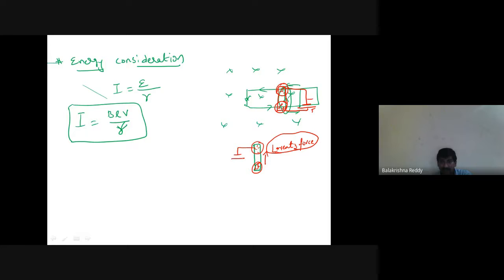If you connect a wire to this, current flows. This happens due to the Lorentz force.